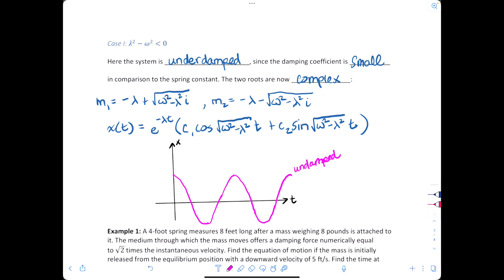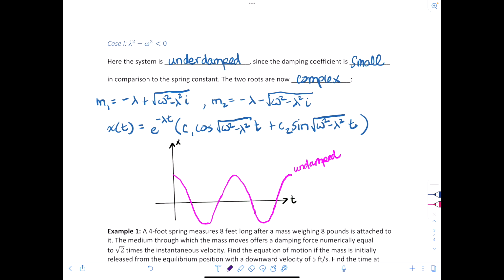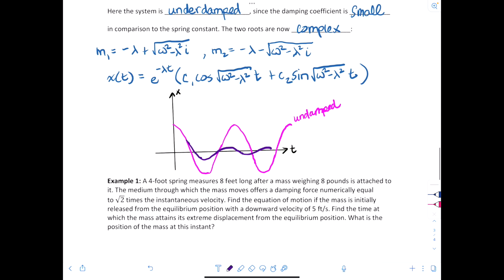And then underdamped will look like something that's kind of wavering, getting closer and closer to that line t. Cool, cool? All right, and now we're on our example.